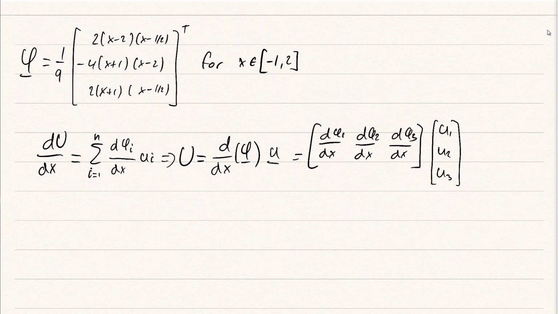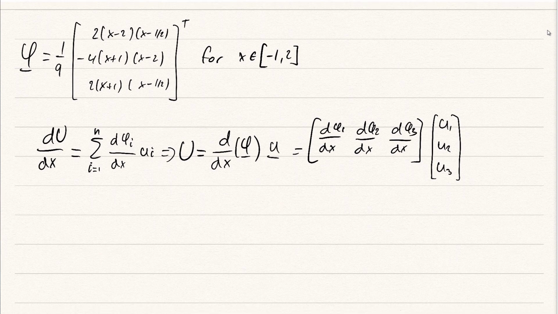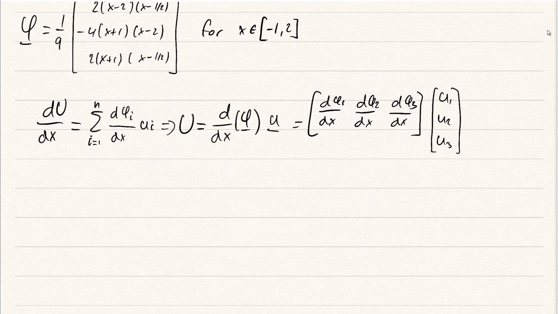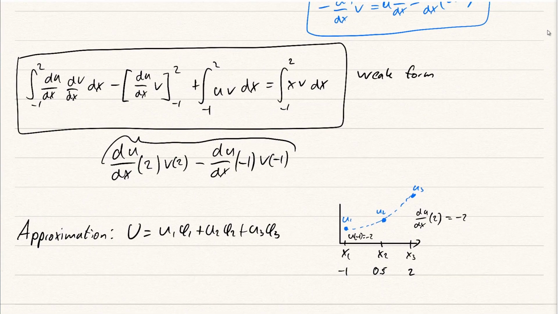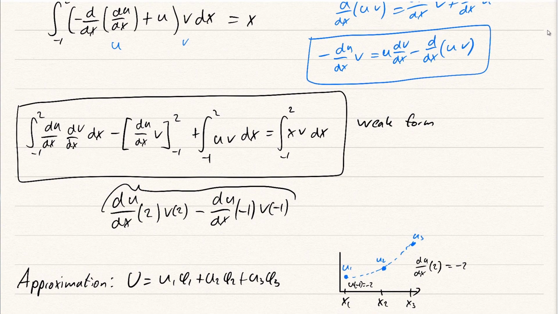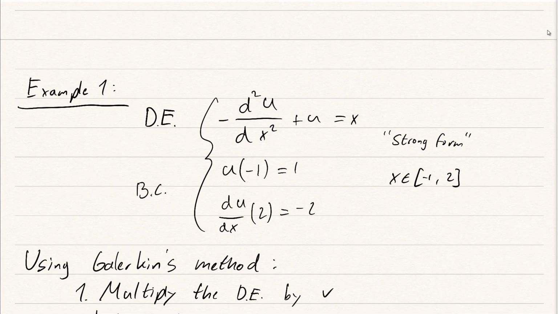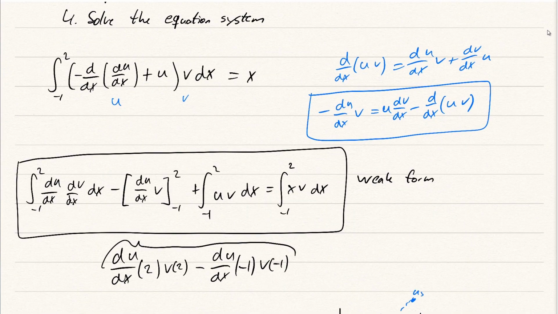Alright, so that's that. Now we have handled u, we have handled φi, and we also have dφi/dx. So you insert all of this into this here, which doesn't have an equation number, so let's call that equation 1.